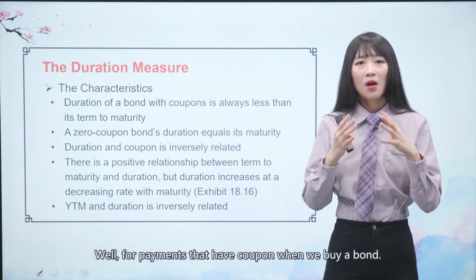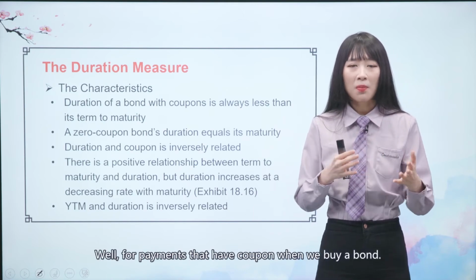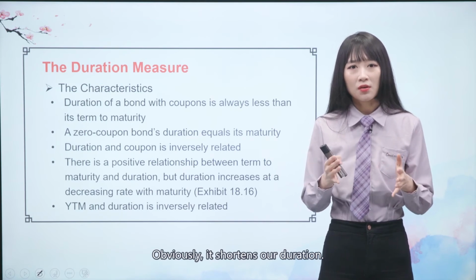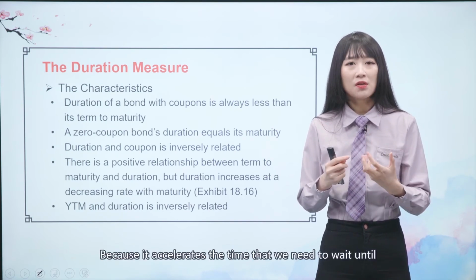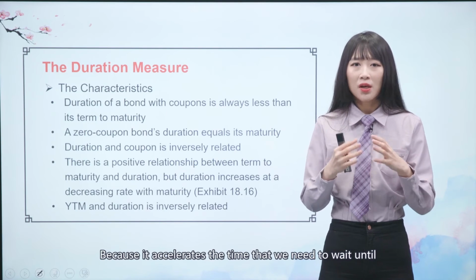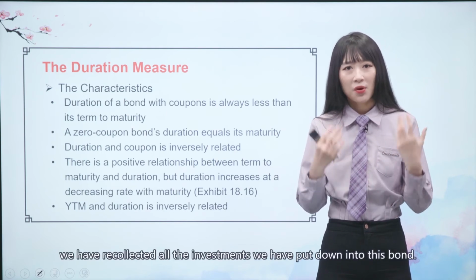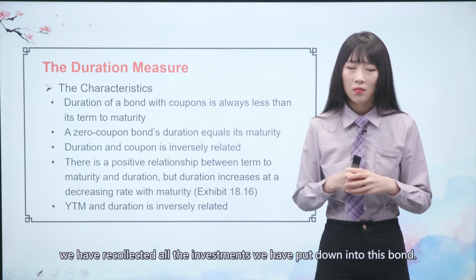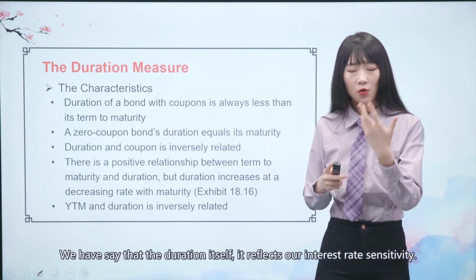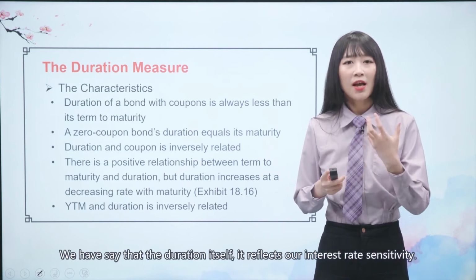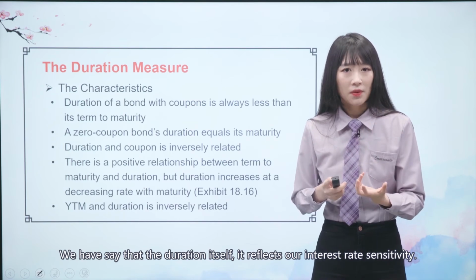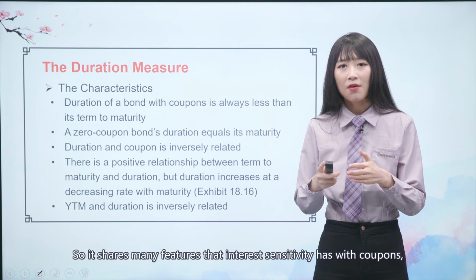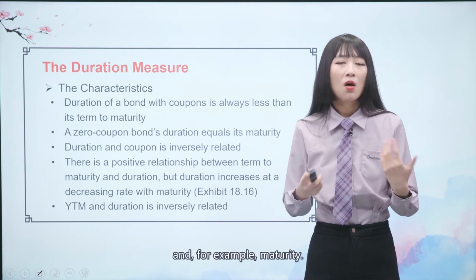Well, for a bond that pays coupons, obviously it shortens our duration, because it accelerates the time that we need to wait until we have recollected all the investment we have put down into this bond. Now, we have said that duration itself reflects our interest rate sensitivity, so it shares many features with coupons and, for example, maturity.